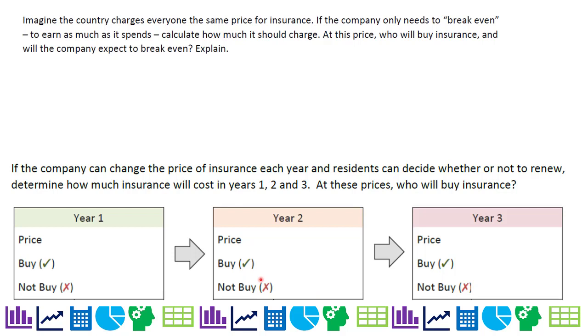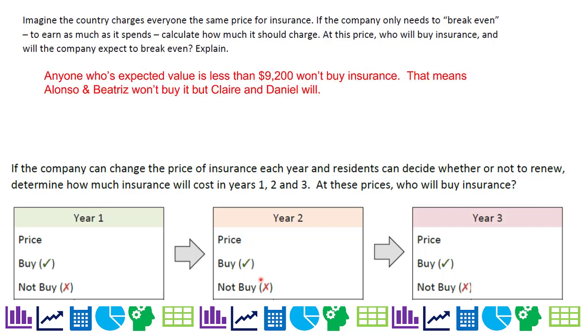So imagine the country charges everyone the same price for insurance. If the company only needs to break even to earn as much as it spends, calculate how much it should charge. At this price, who will buy insurance and will the company expect to break even? So anyone whose expected value is less than $9,200 won't buy insurance.